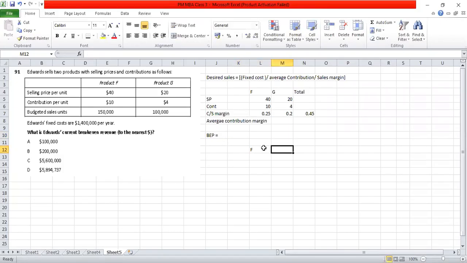Quickly try out with the total amount. Ma'am, answer is 2 lakhs. No, the answer is not 2 lakhs. And it should be D actually. How did you get that?